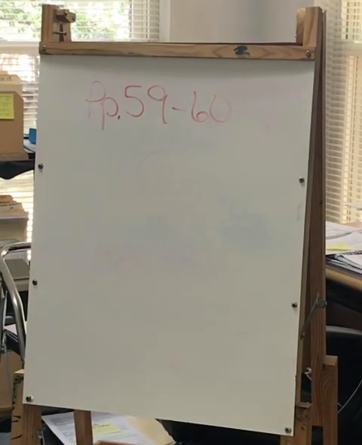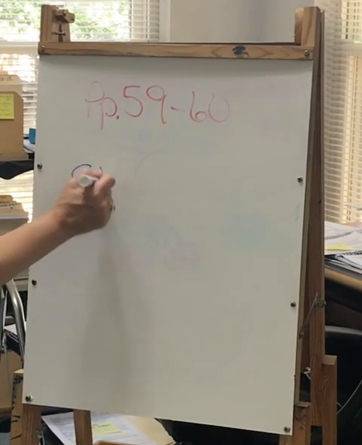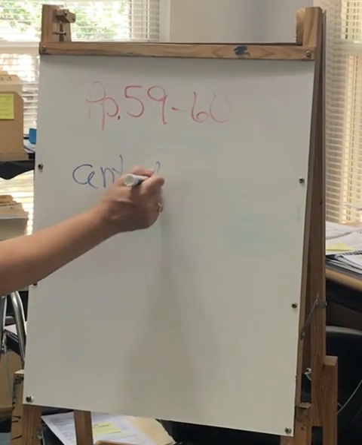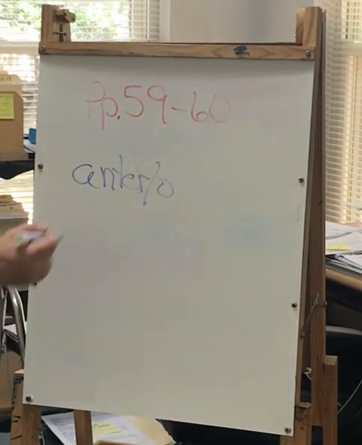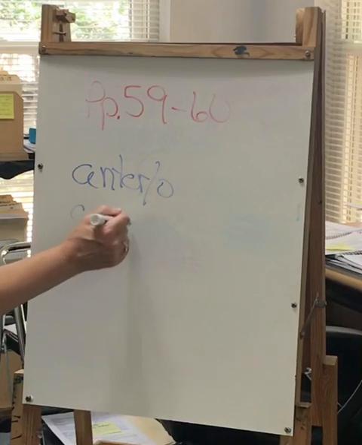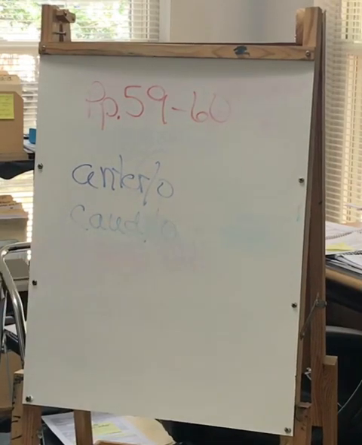In your box there, it says combining form, enter/o. And then it gives you the definition: front. Cod/o, and then it gives you the definition of that: tail or downward. And so on and so forth.